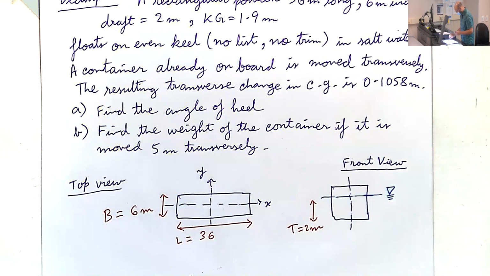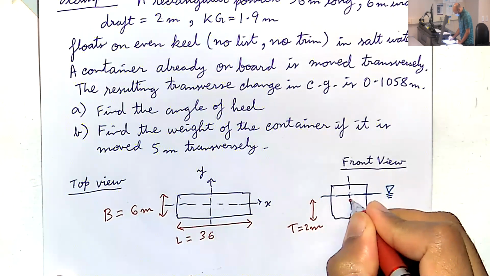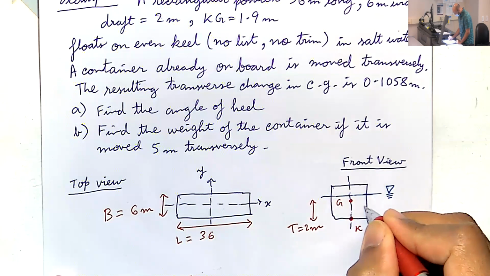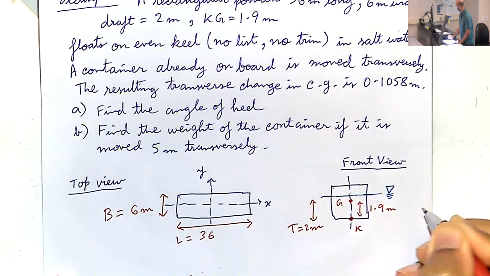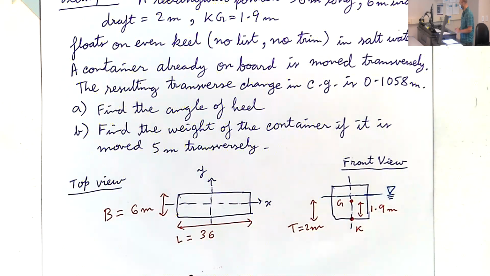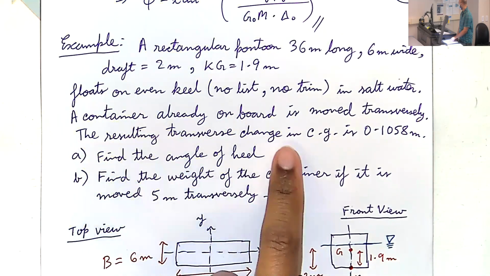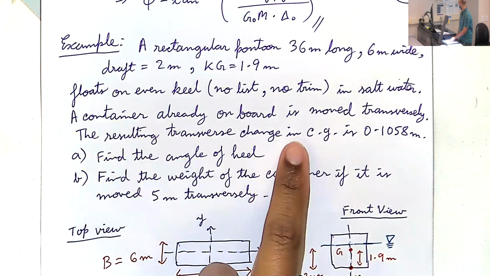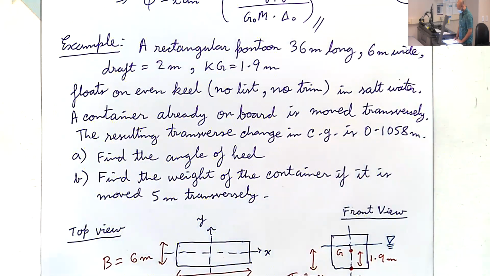KG is 1.9, so we have the keel here, G somewhere here. Okay, so the transverse change in CG is 0.1.